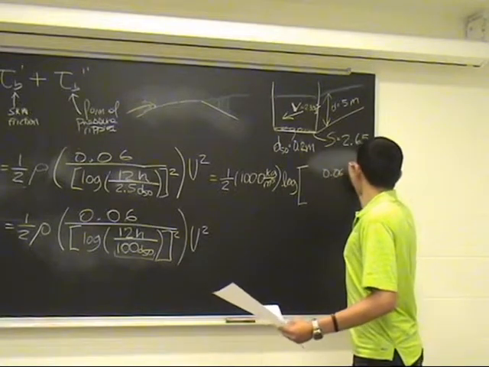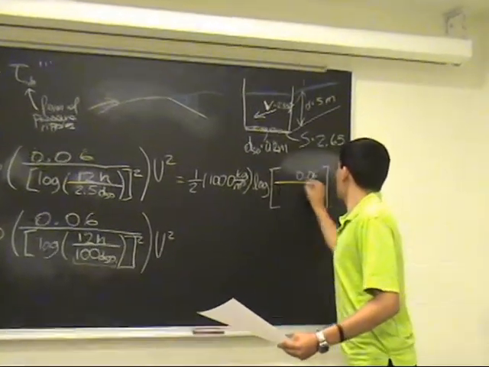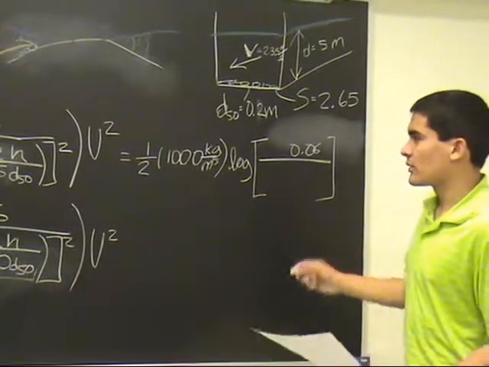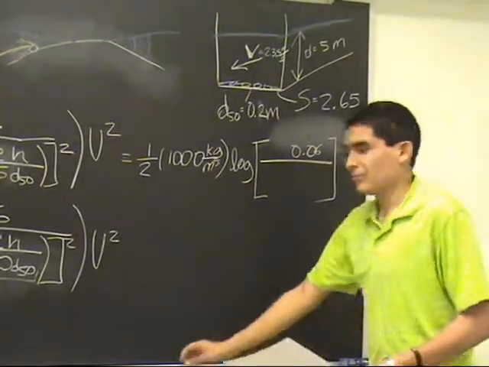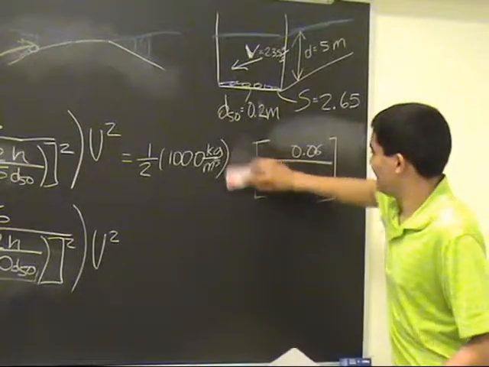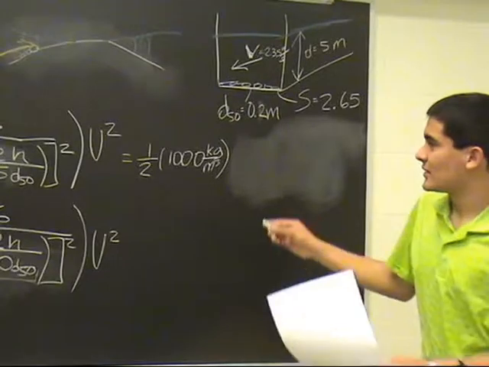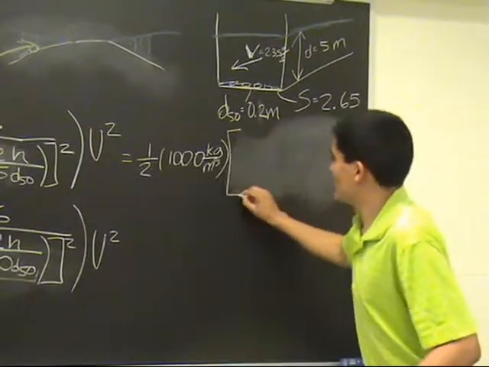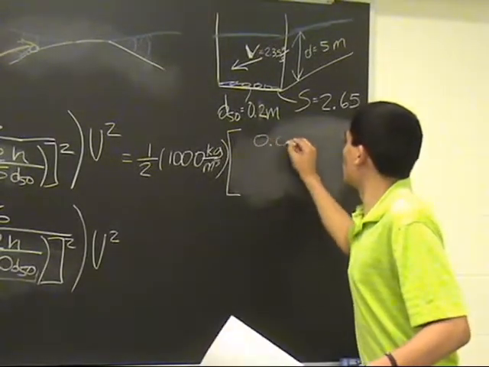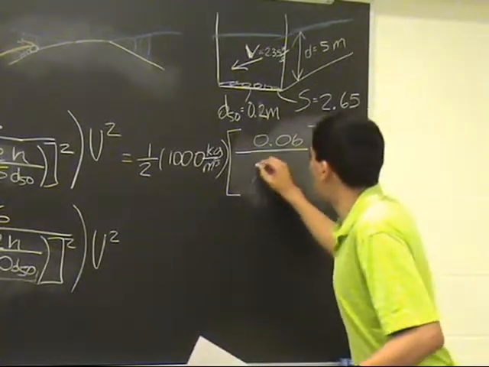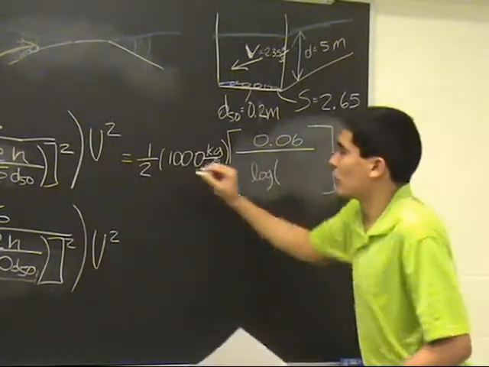Let's hope I can do this. Density times this 0.06. Let's close brackets. On the bottom, we have the logarithm of 12H.